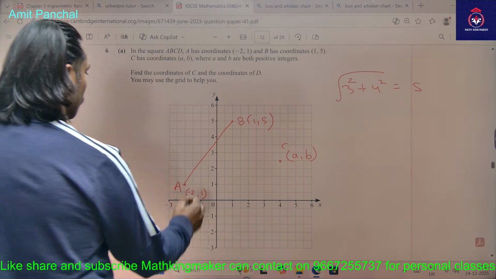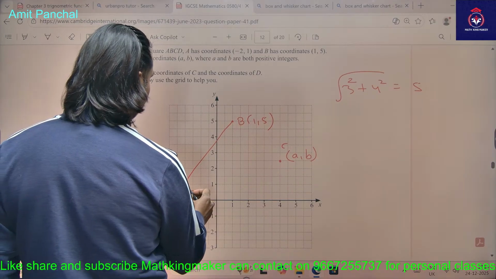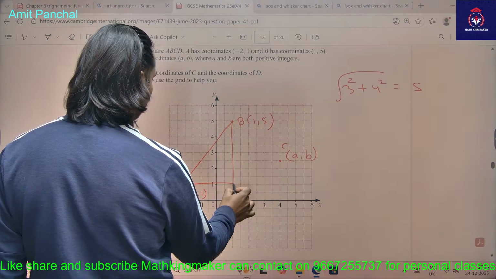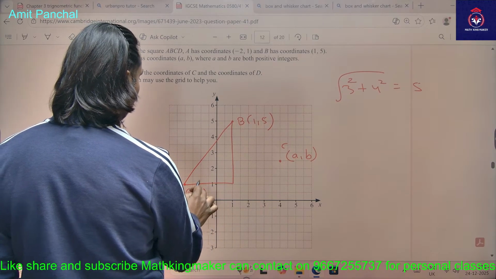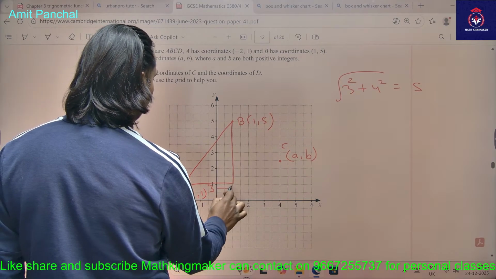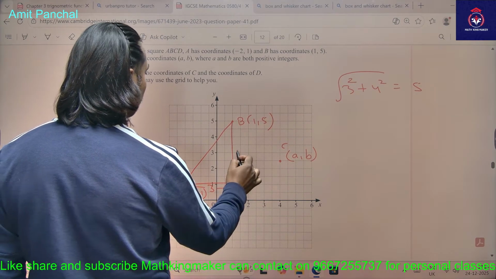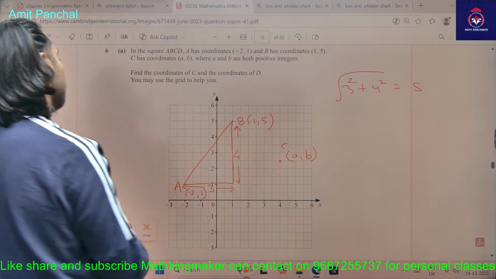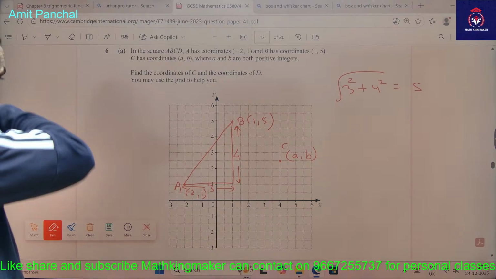Okay. So if you go on the grid, yeah, that's what I did. So this one is 1, 2, 1, 2 and 3. So that is 3. That is 4. So that's why it is given as 5. Okay.